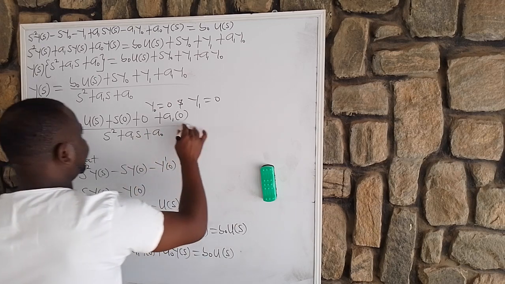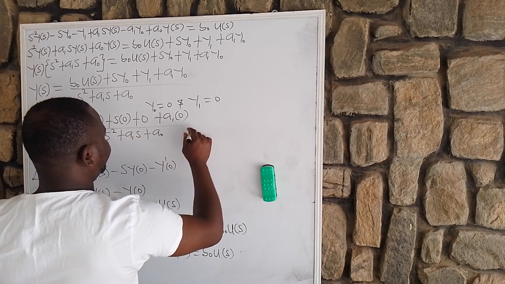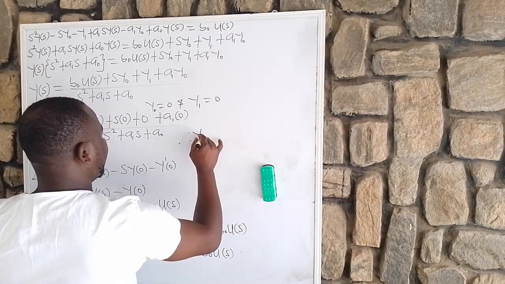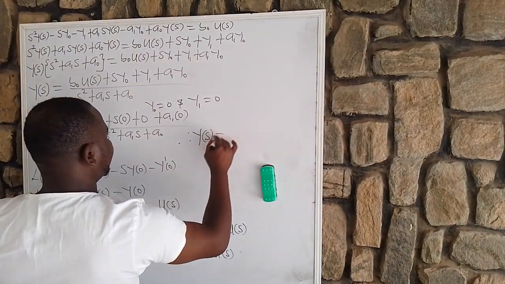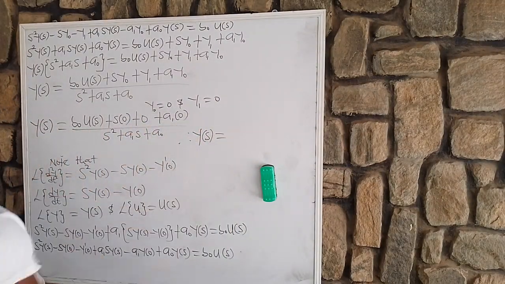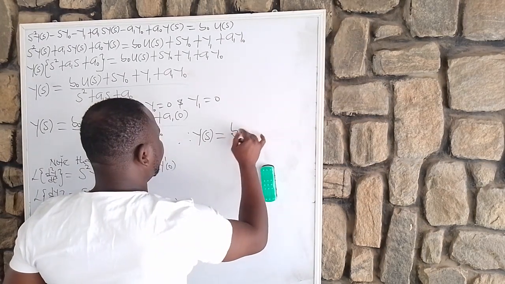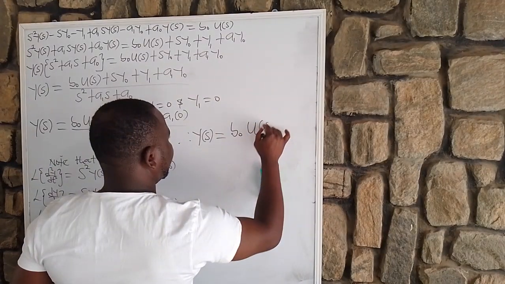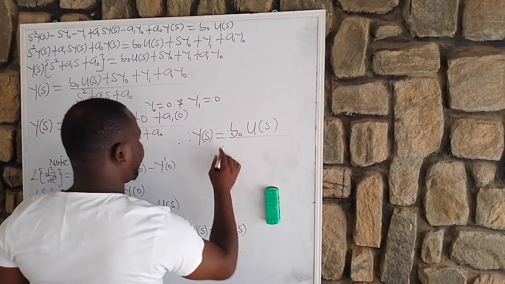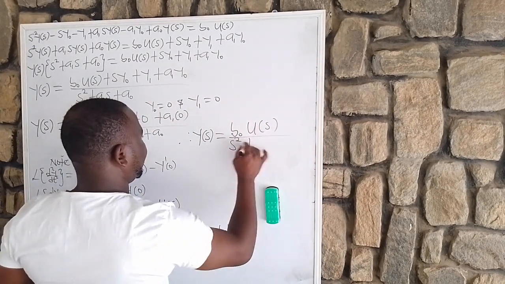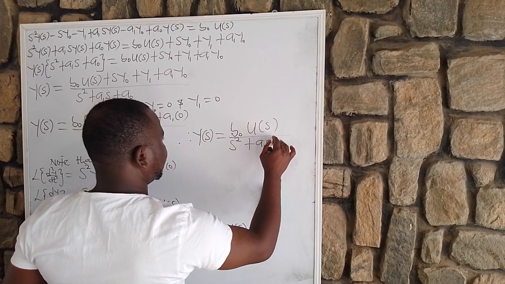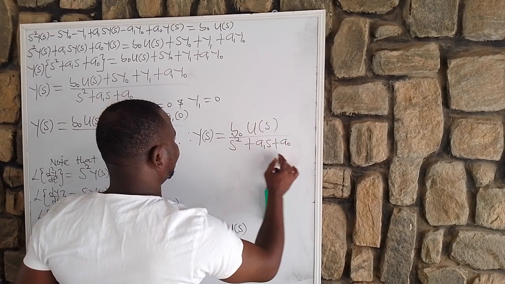Therefore our Y(s) will be equal to, all of this will be 0, so we are left with b0 U(s) all over s squared plus a1 s plus a0.